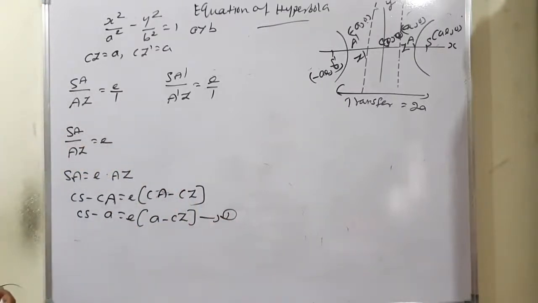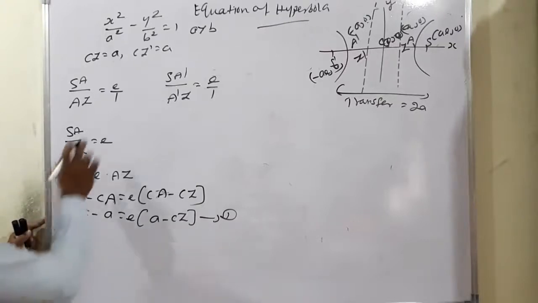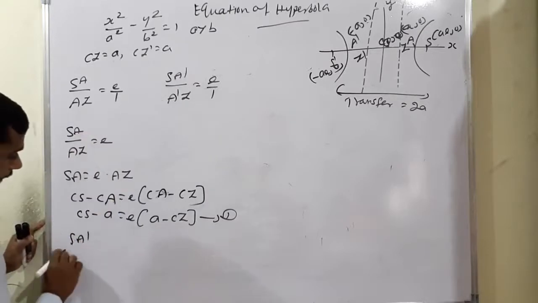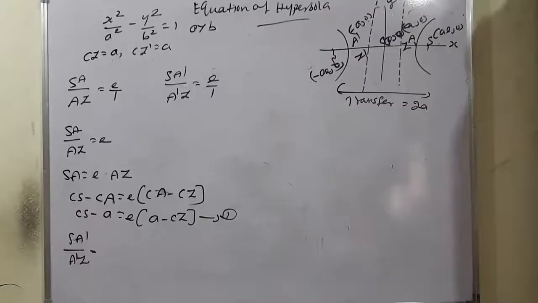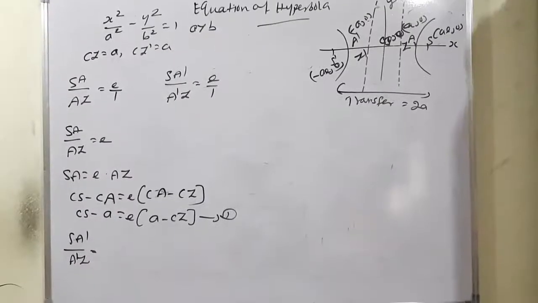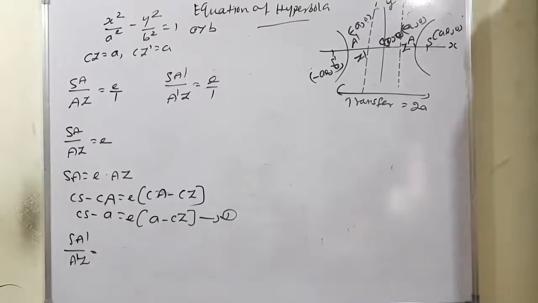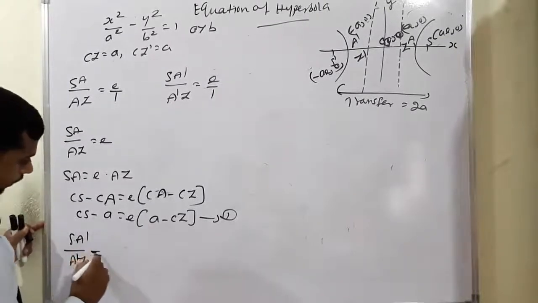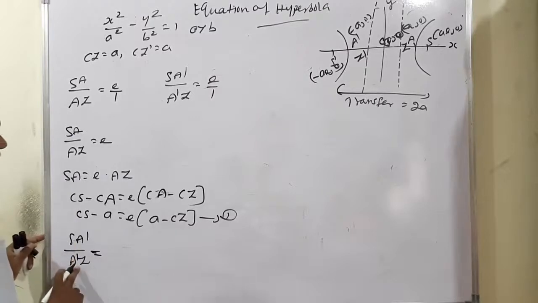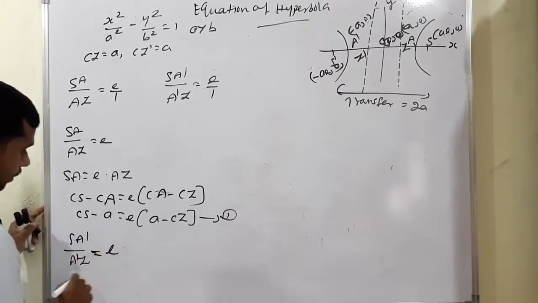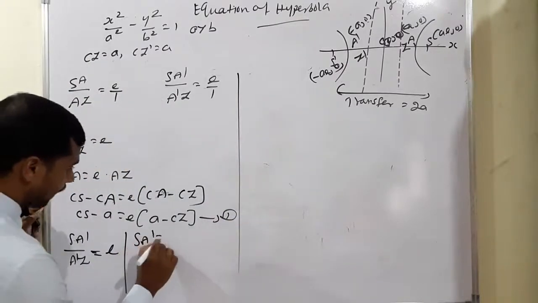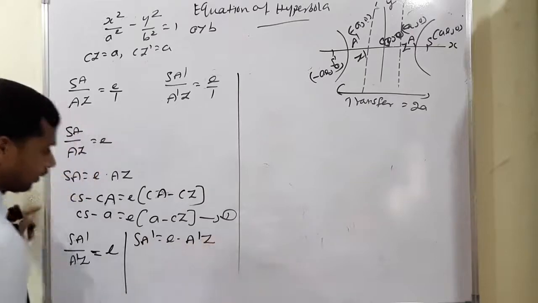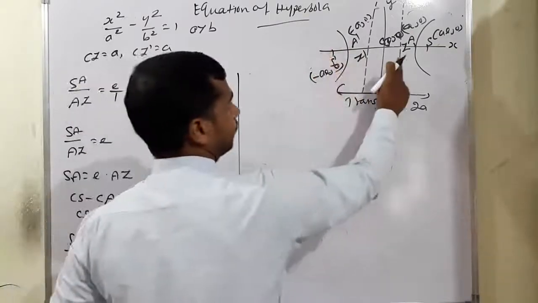Now the second condition: SA dash divided by A dash Z is equal to E. Cross multiply, so SA dash is equal to E into A dash Z. Again the same condition but on the opposite side.